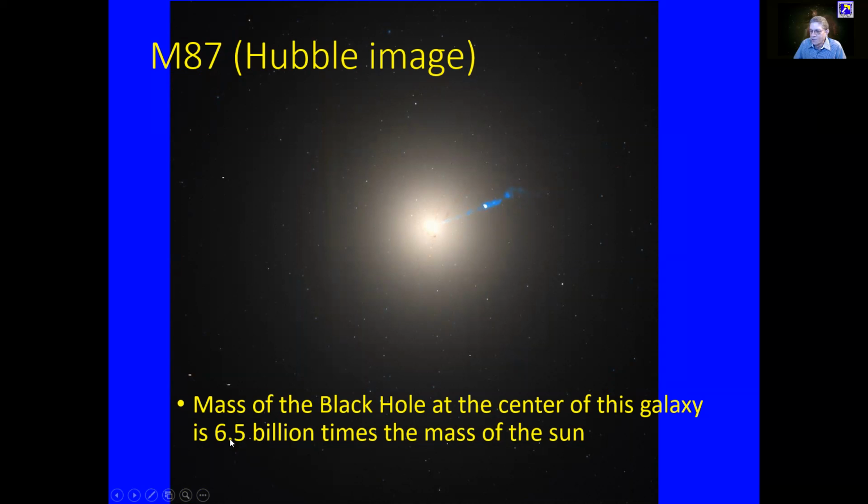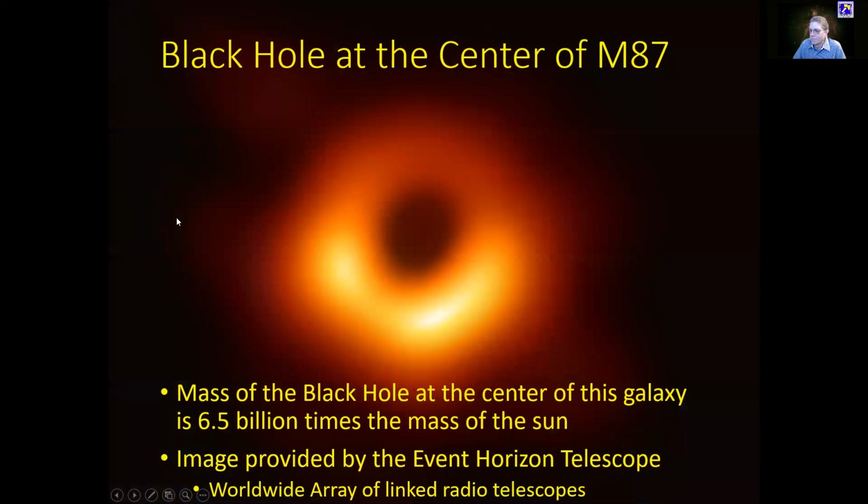So in other words, if you had 6.5 billion suns and you brought them together at that point right there, you would have a black hole of the same size and mass as what we see here in M87. So 6.5 billion times the mass of the sun.